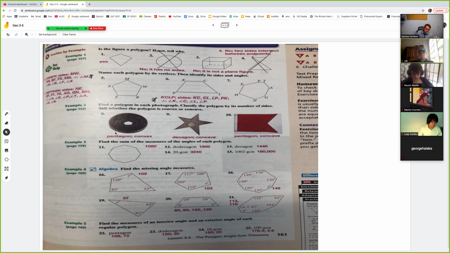For example, here we have KCLP. If you chose a different name like PKCL, you should know that that also works. Now, the segments would be KP, PL, LC, CK. Those are the different segments.